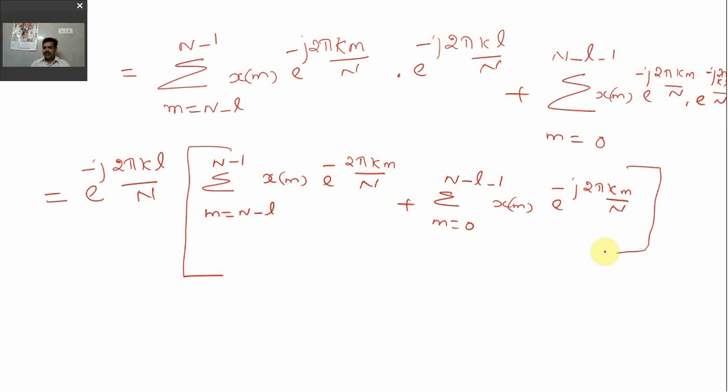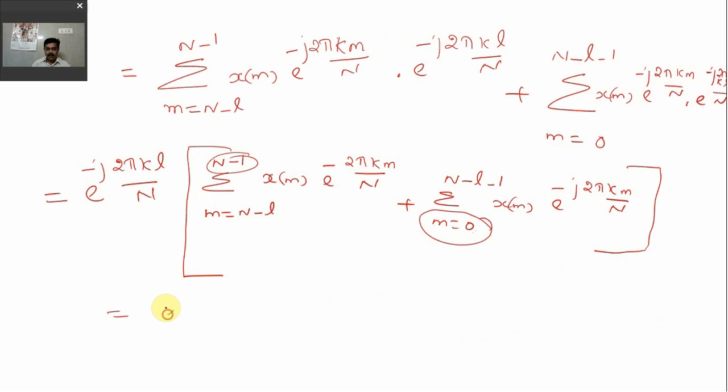Now you check this summation. First you can rearrange this. You can write this term first and this term second. Then you will check the summation is starting from m is equal to 0 to n minus L minus 1. Second, it is starting from n minus L to n minus 1. So totally we can combine these two to m is equal to 0 to n minus 1.